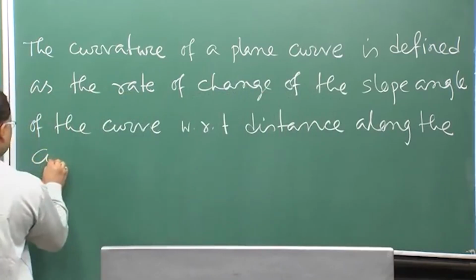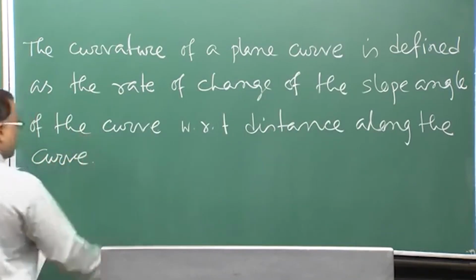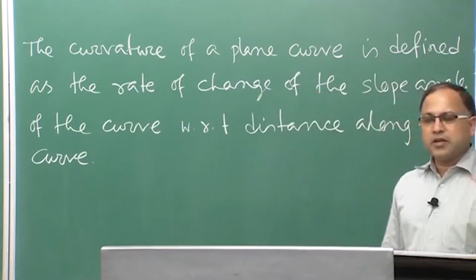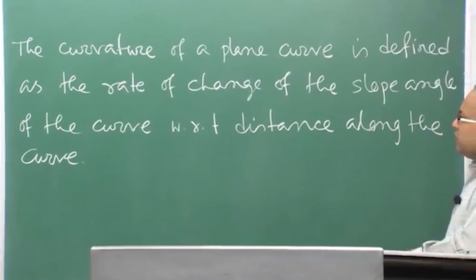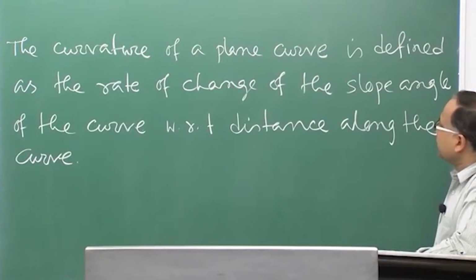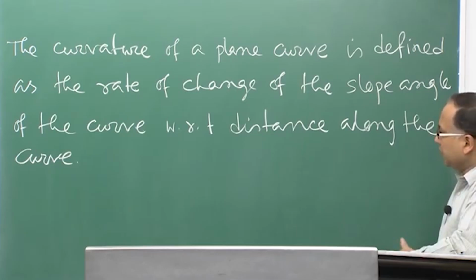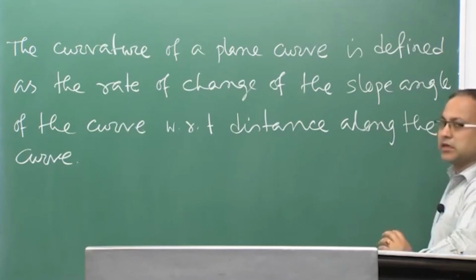This is the proper definition of the curvature of a curve. The curvature of a plane curve is defined as the rate of change of the slope angle of the curve with respect to the distance along the curve.